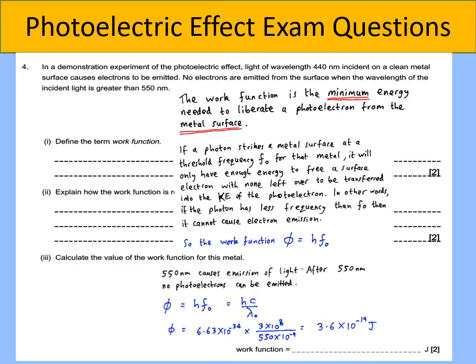Now it's just very important that we remember that when we're talking about the work function, we're talking about the electron energy. When we're talking about the threshold frequency, we're referring to the photon energy.